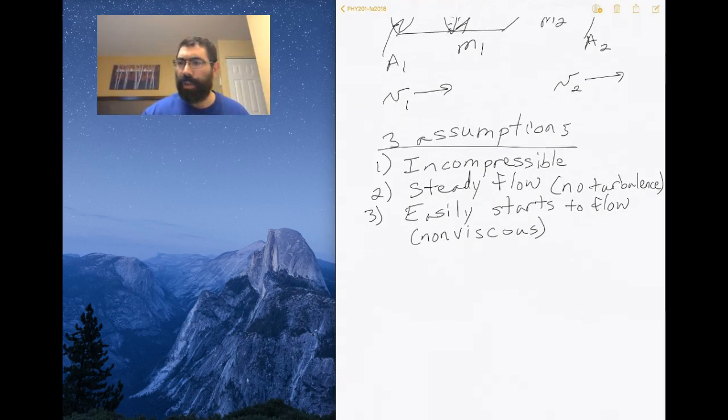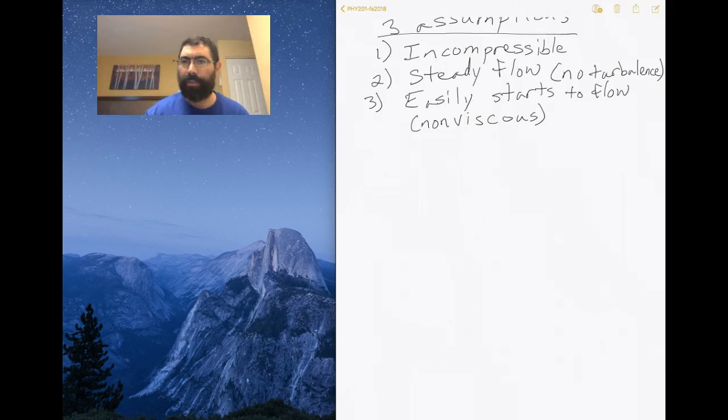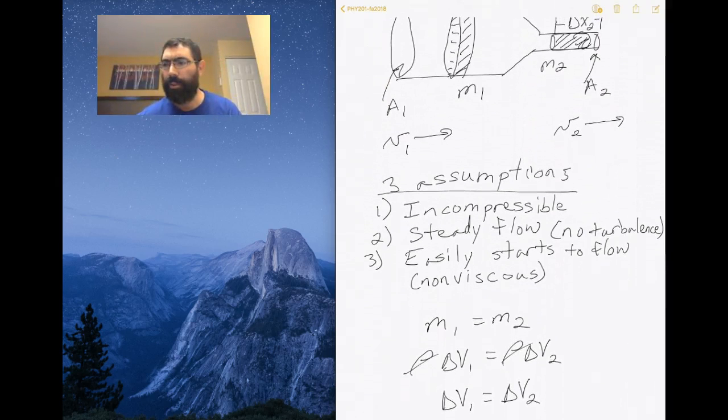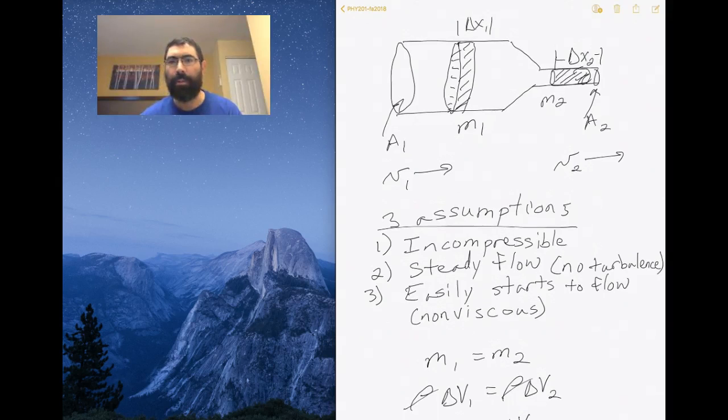And following these assumptions, since it's incompressible and easily flows, the mass 1 is going to be equal to the mass 2, which is the density times the volume. And since the densities are the same, our incompressibility assumption says the volume of the first section is going to be equal to the volume of the second section.